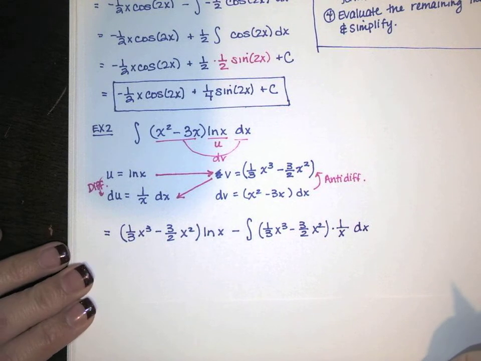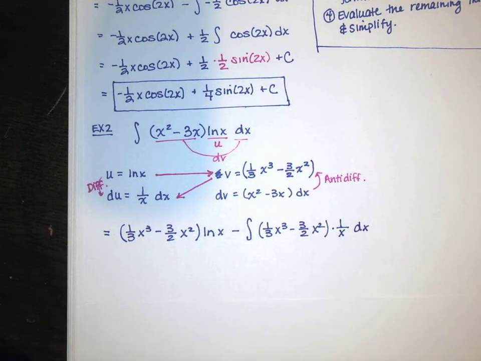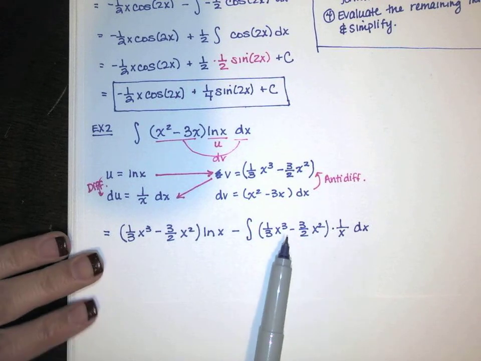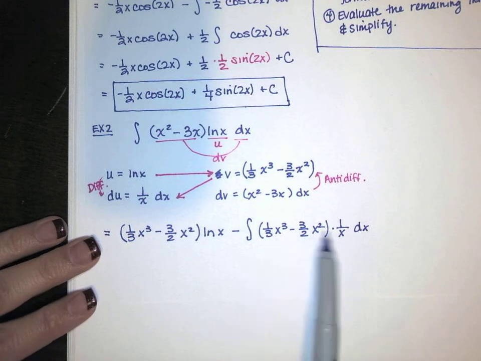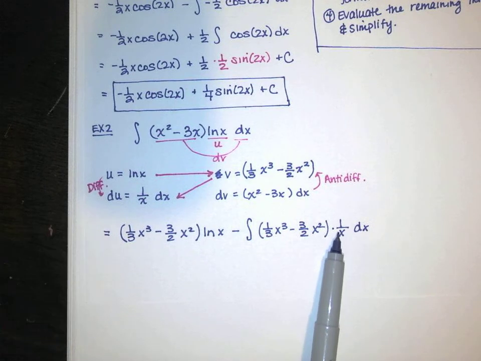All right, looking good. Now, be careful here. I see many students, after they do this, they'll take the antiderivative of this piece and then multiply it by natural log of x, the antiderivative of this piece. Don't do it. There is no product rule for antiderivatives. You've got to simplify this first, or possibly use integration by parts, or use substitution.